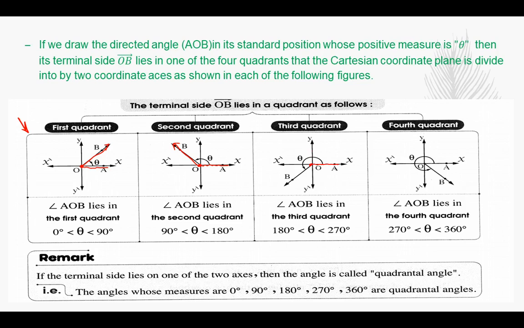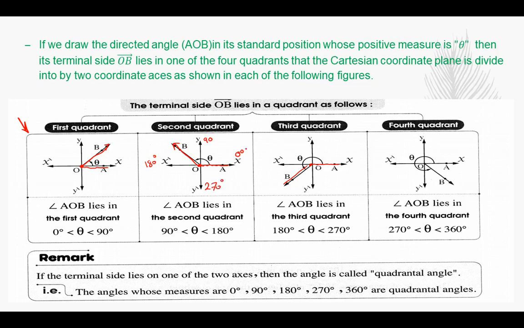In the third figure, the angle's vertex is O, the origin point, its initial side is the positive direction of the x-axis, and the terminal side OB lies in the third quadrant. Also, if the angle lies on the x-axis, its measure is 0 degrees, here the angle is 90 degrees, here 180, and here 270 degrees.